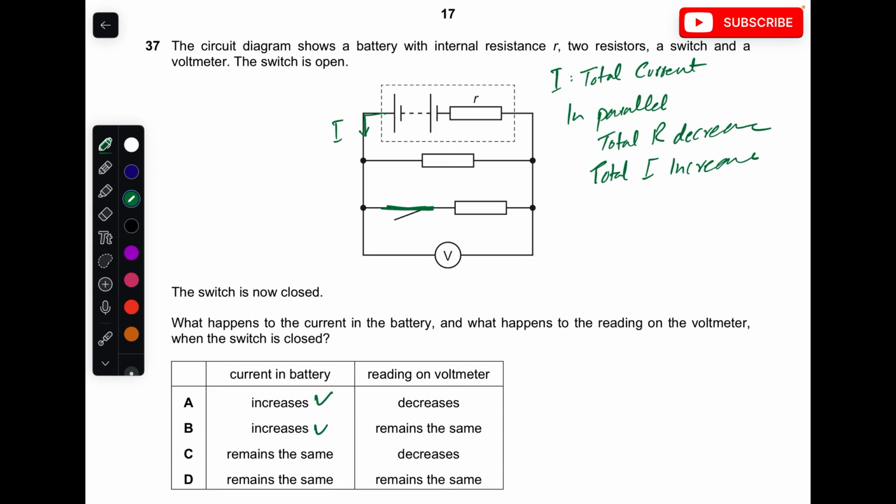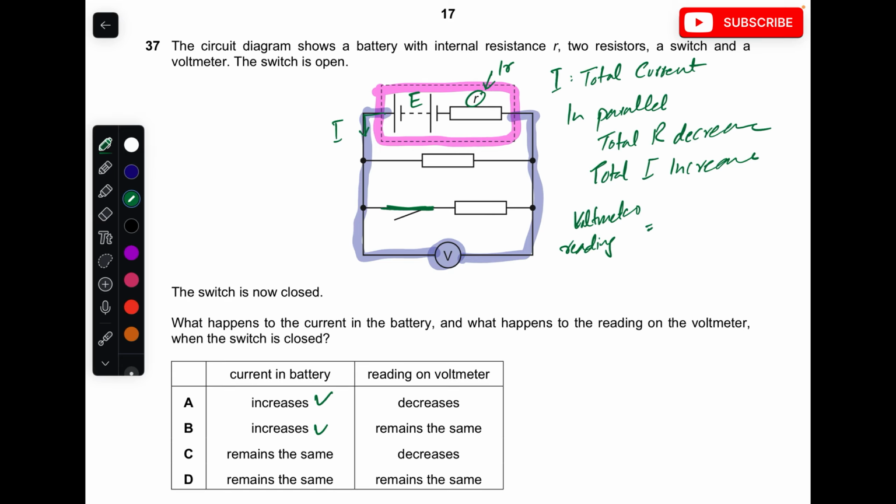Okay. Now let's look at the reading on this voltmeter. This voltmeter is actually reading the output of this battery. What is the output of this thing? This thing is giving an EMF E, and there is a voltage IR. So the voltmeter reading is E minus IR.